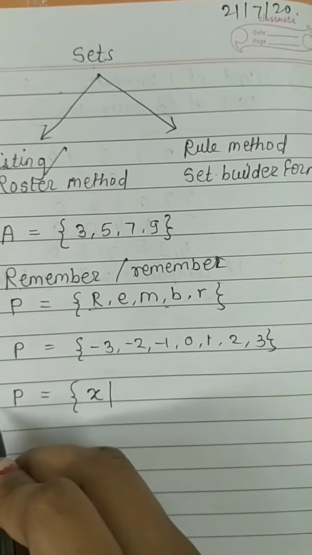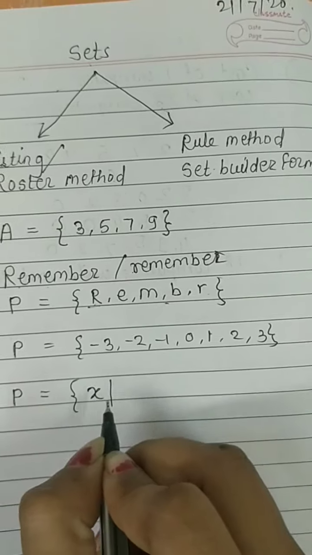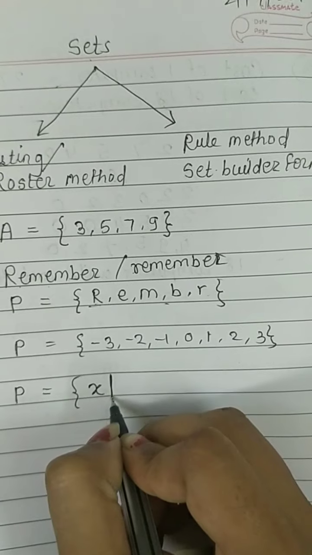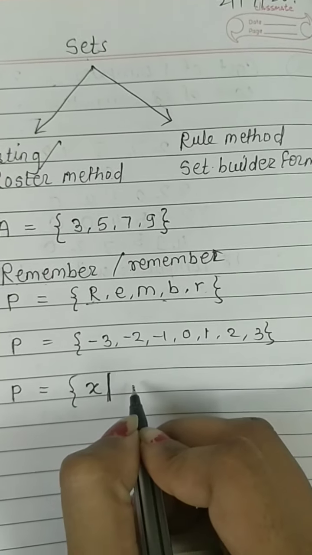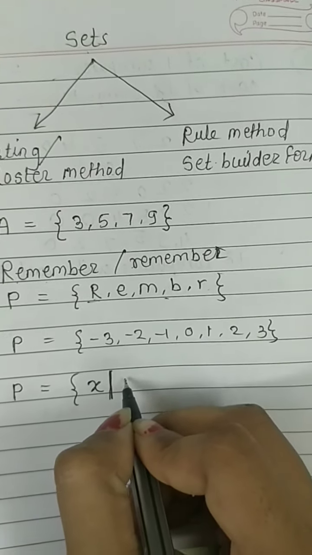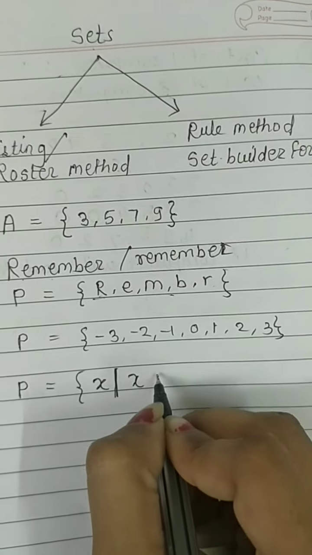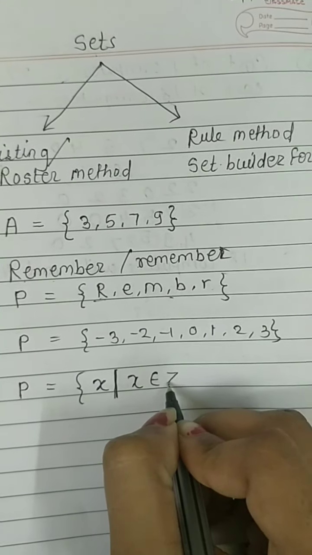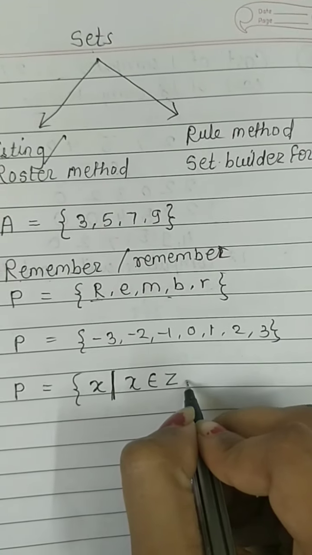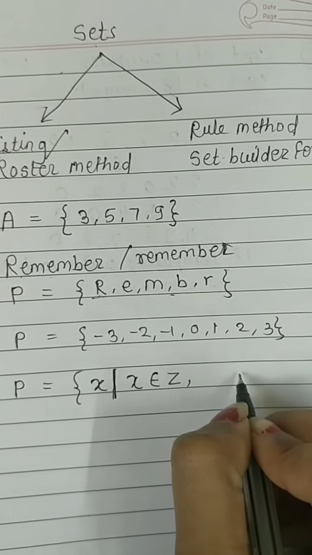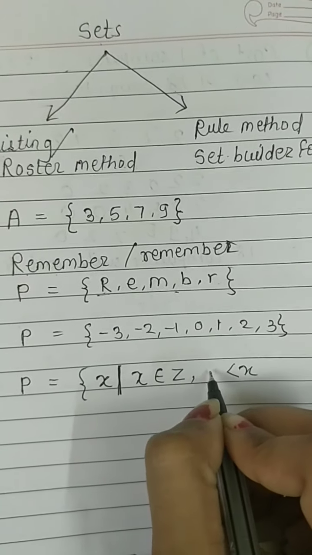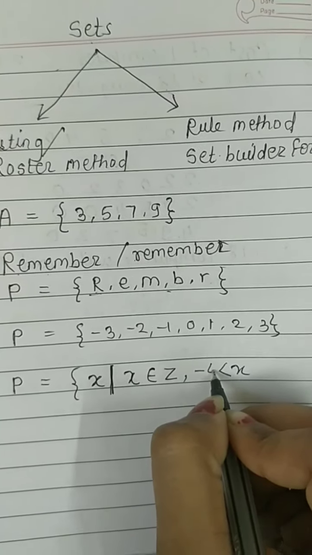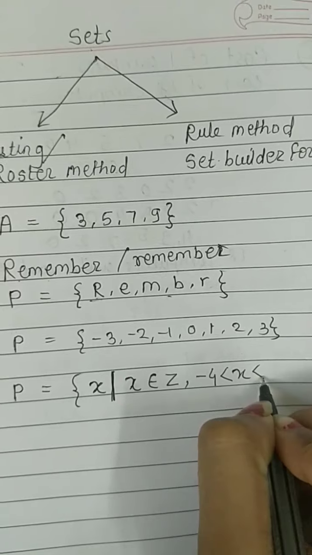So P is a set of all x, and it is also represented using this vertical line or colon, such that this x belongs to integers, that means Z, and comma, this x is greater than -4 and less than 4.